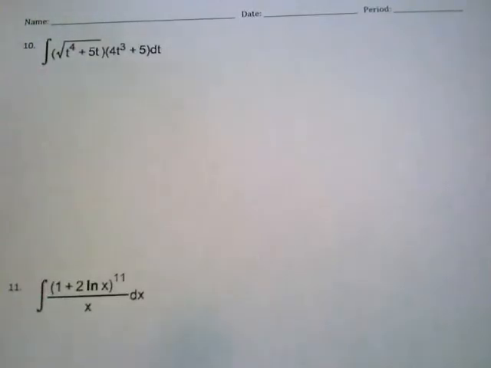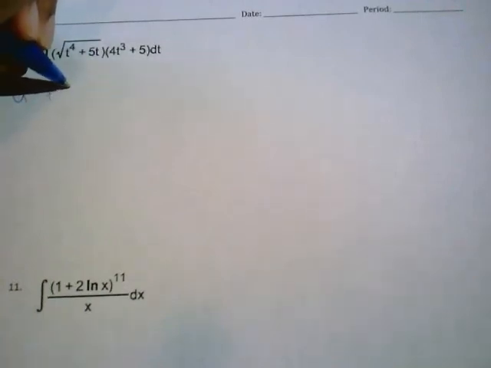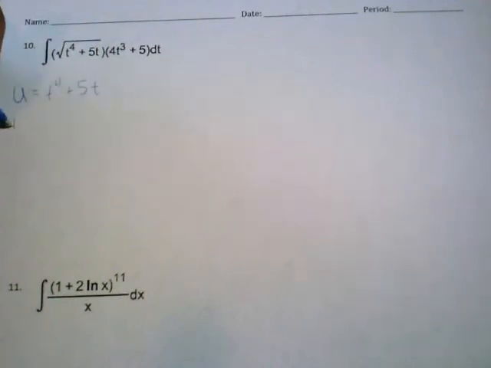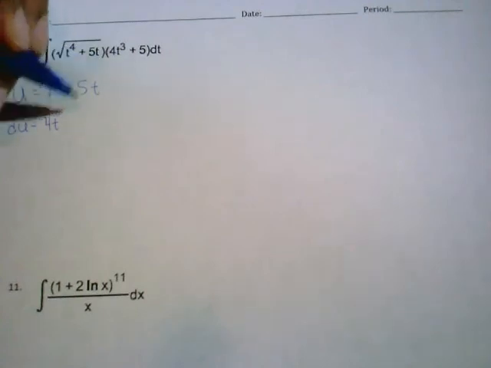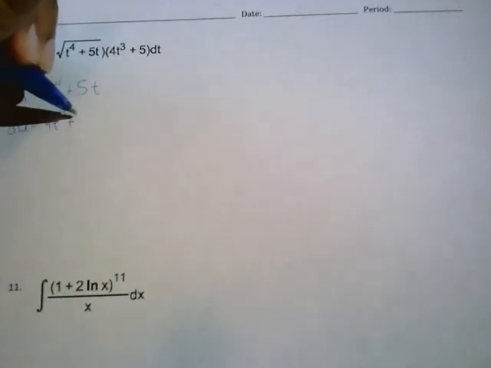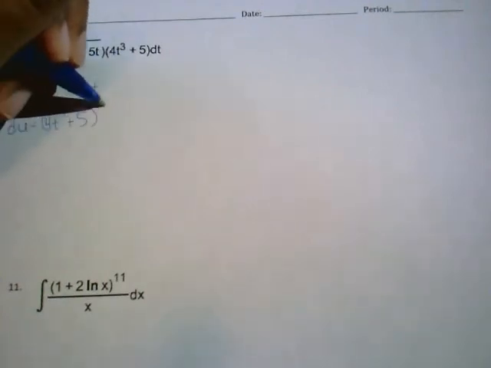So now for number 10, let's see, we have a radical function. We can say u equals just the argument here. Just let u be the radicand, the t to the fourth plus 5t. So du will equal 4t to the third plus 5 dt.